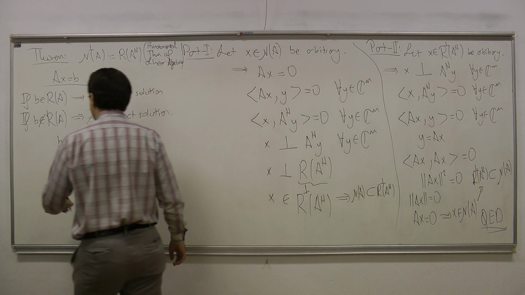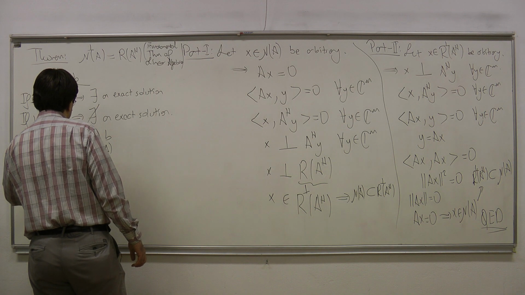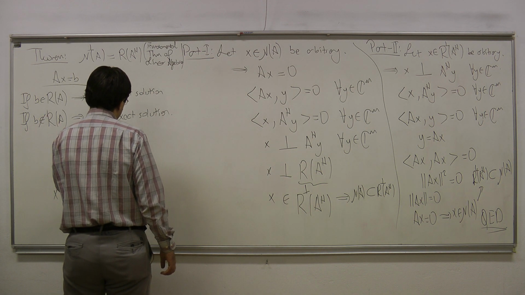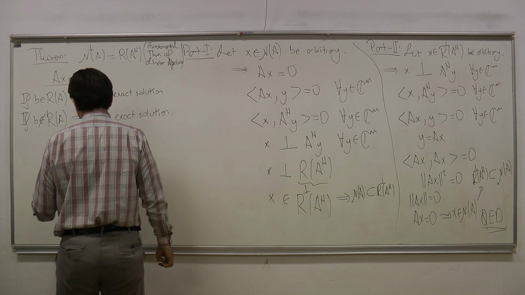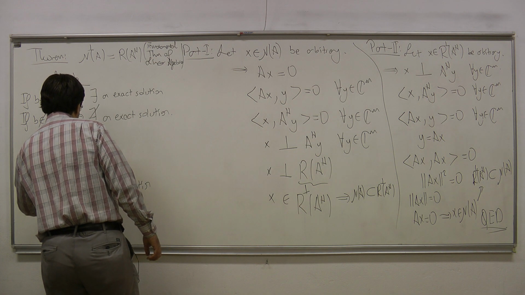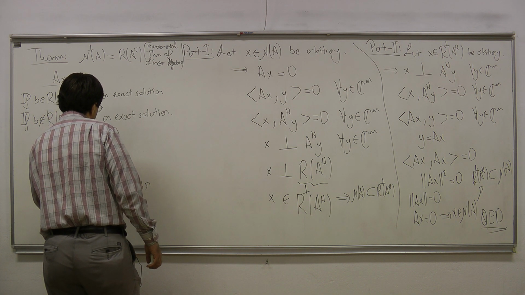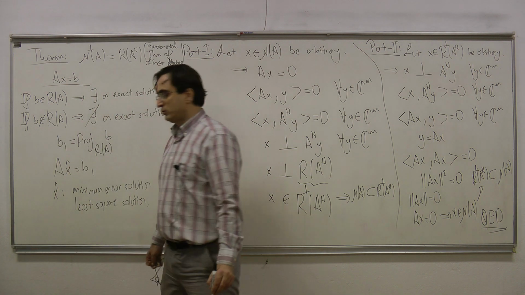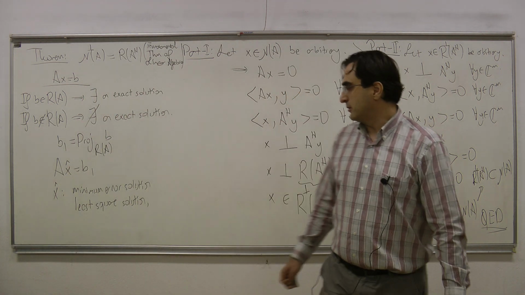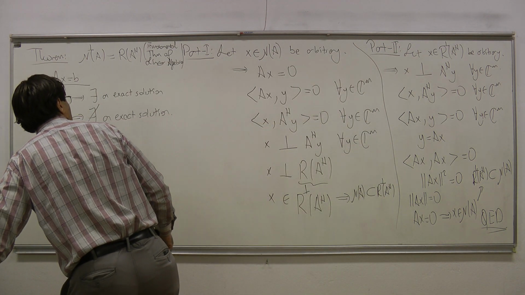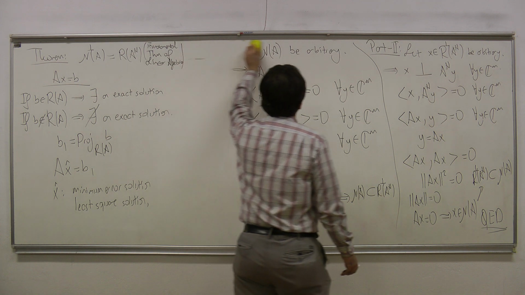And remember, x hat is called the minimum error solution. Sometimes it is also called least square solution. Least square solution is used more commonly. And why do we call it the least square solution?